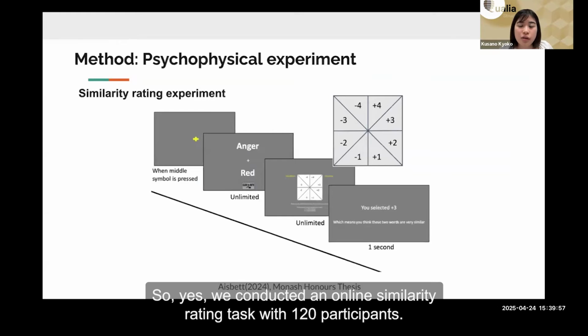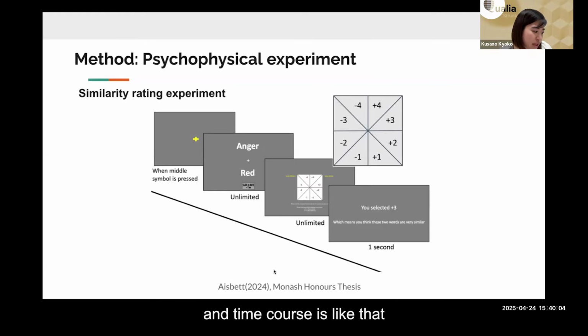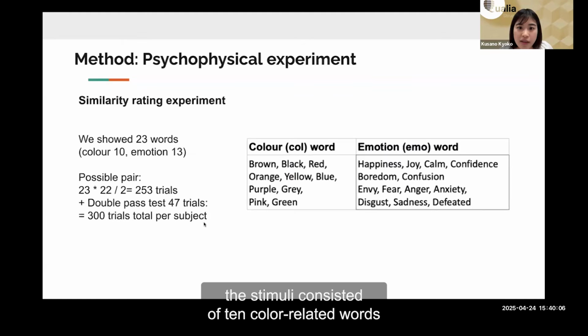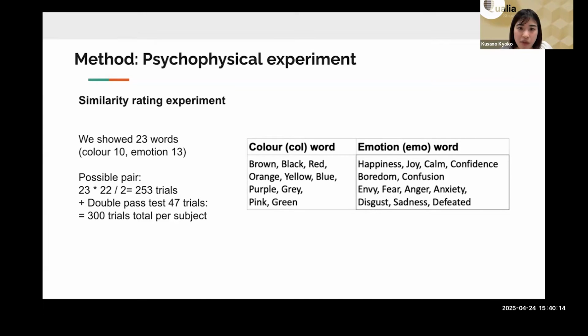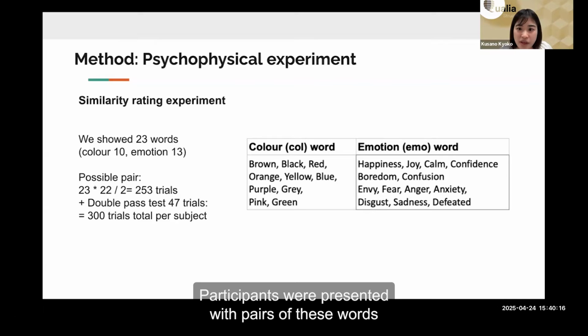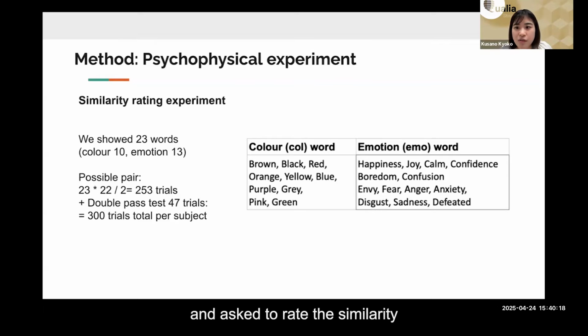We conducted an online similarity task with 120 participants, and the time course is like that. The stimuli consisted of 10 color-related words and 13 emotion-related words, totaling 23 words. Participants were presented with pairs of these words and asked to rate their similarity.